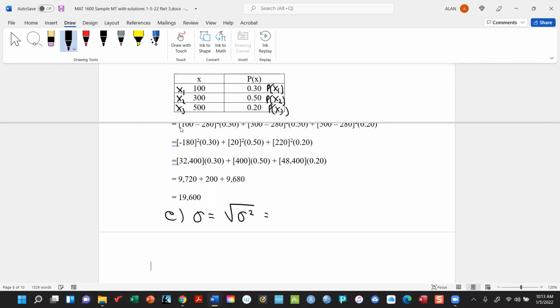All right, square root of 19,600. You'll probably be surprised to discover that it's an integer. This is actually exactly 140. Okay, so that's it. That's all you had to do.